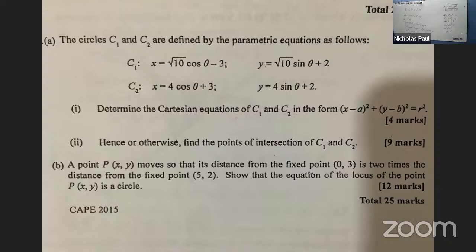So what do we have? From here, we have cos theta is equal to x plus 3 on root 10. Here we have sine theta is equal to y minus 2 on root 10. Square both sides and make it equal to 1. Remember cos squared theta plus sine squared theta is 1.